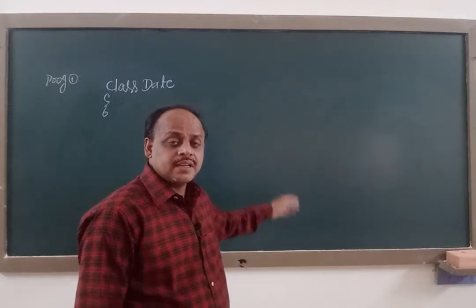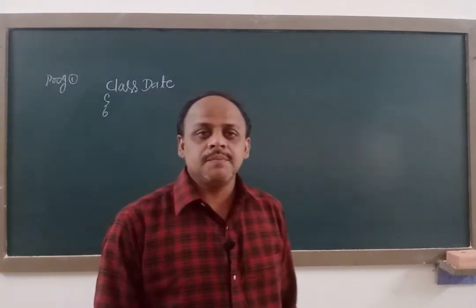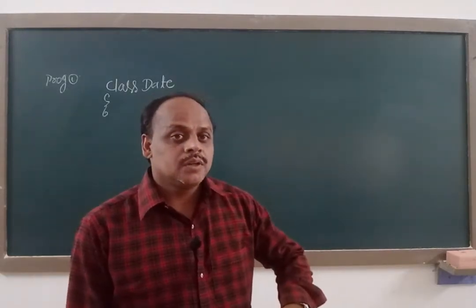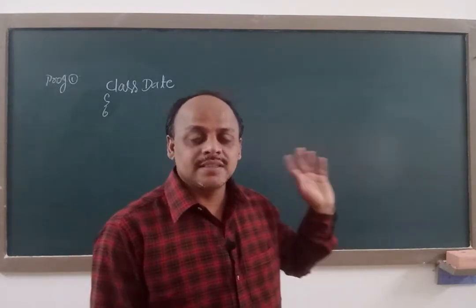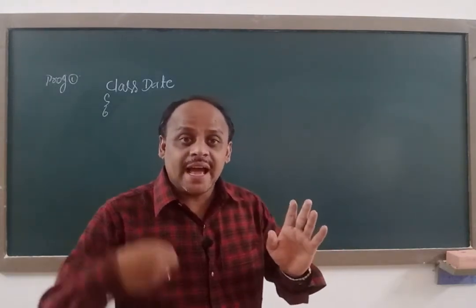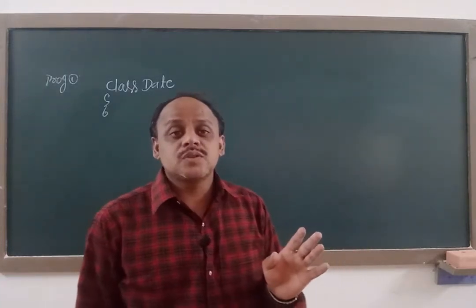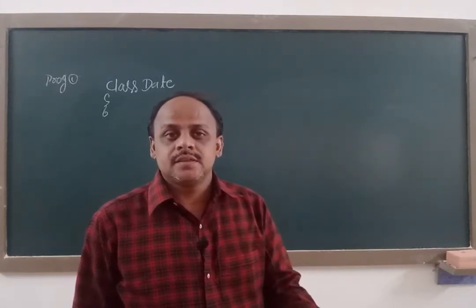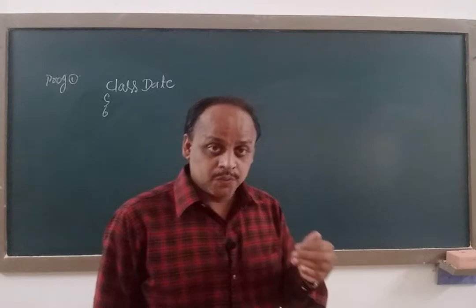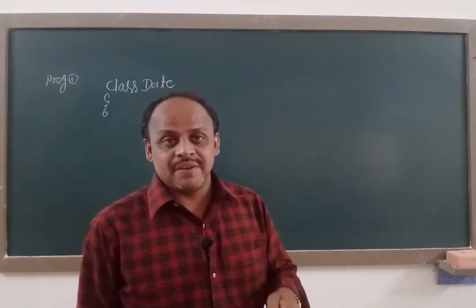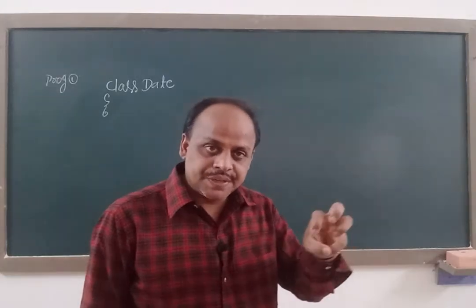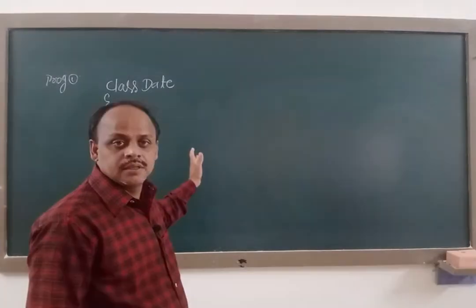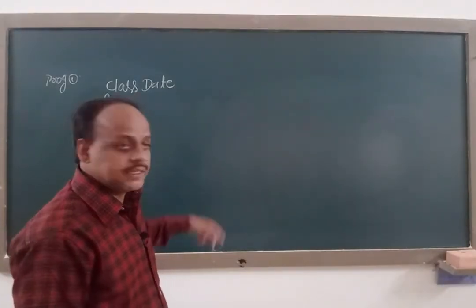What is the difference here compared to the last program? In the last program we assigned the values to the data members and printed them. Now we have to consider the same class called date, but here we have to enter the values of the data members and afterwards print them. So now we have to consider member functions: one member function to accept the date, another to display the date. Right? So just see how I am going to write the code. Afterwards I am going to explain it.